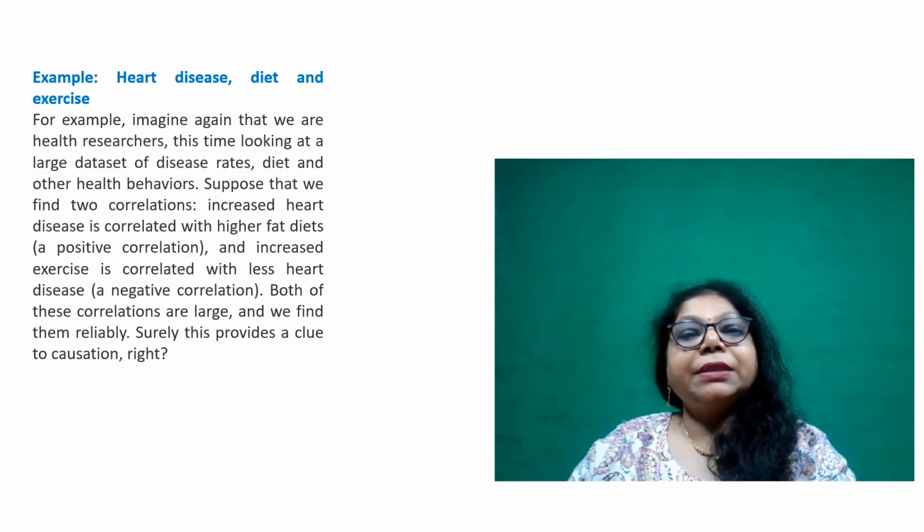Increased heart disease is correlated with higher fat diets. That is a positive correlation, and increased exercise is correlated with less heart disease. That is a negative correlation. Both of these correlations are large and we find them reliably. So surely this provides a clue to causation, right?